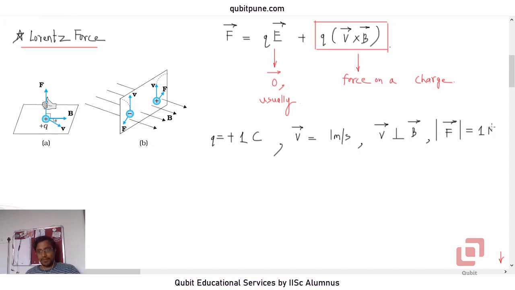Suppose the magnitude of the force F bar is 1 Newton, then the magnetic field is said to be of intensity 1 Tesla.